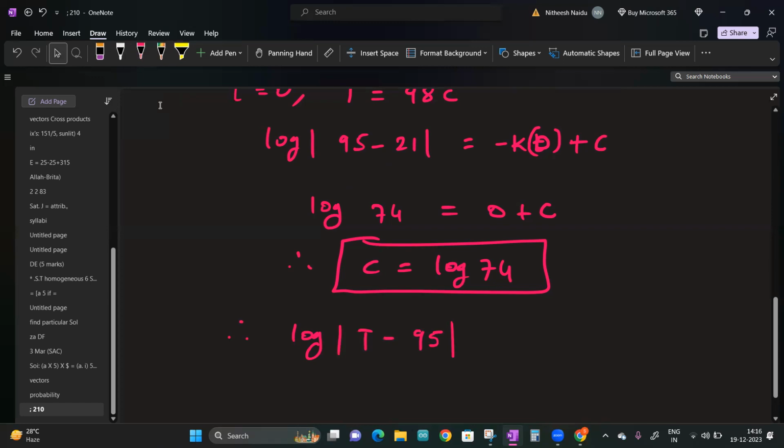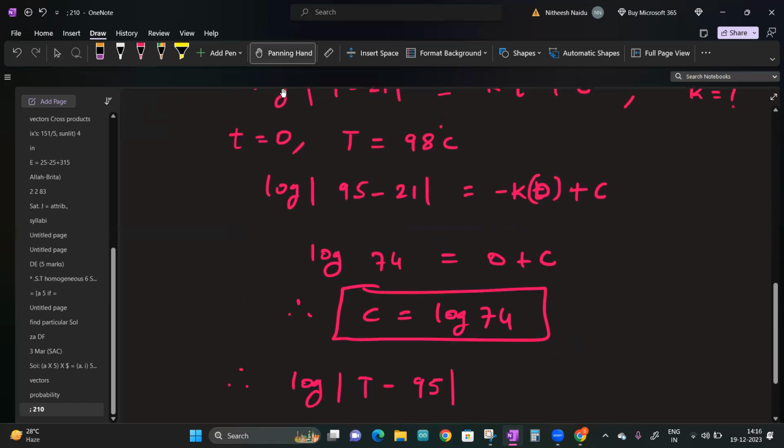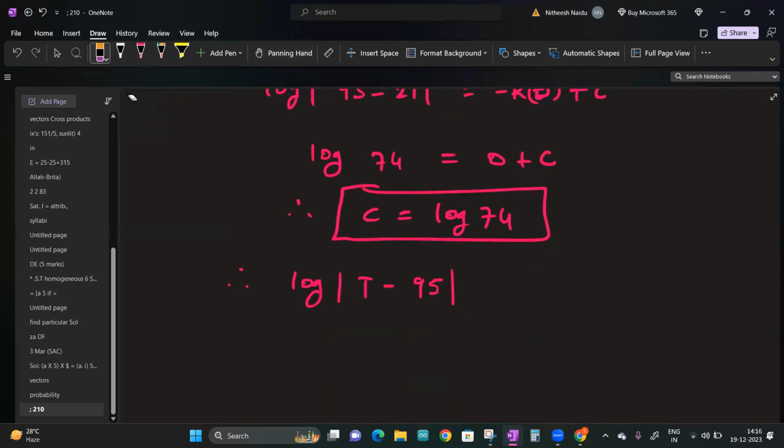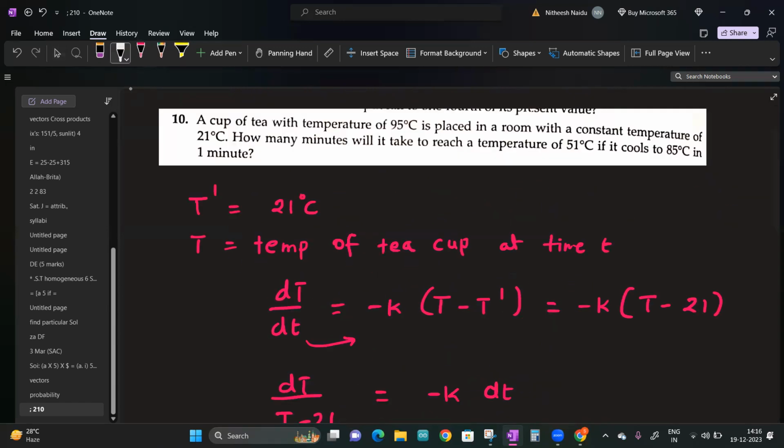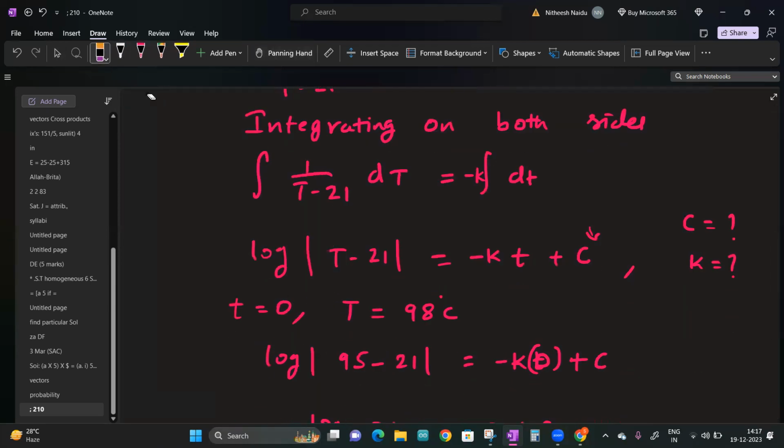No, the room temperature, right? 21. Just look here, 95 it is.